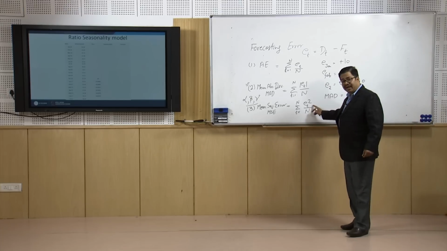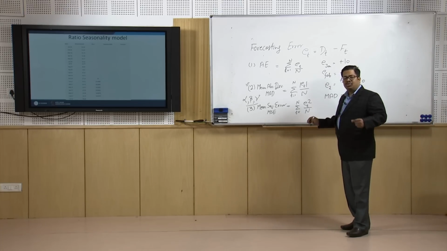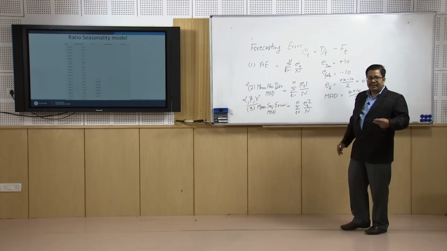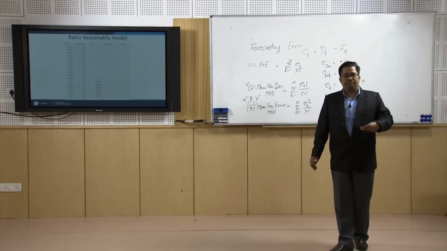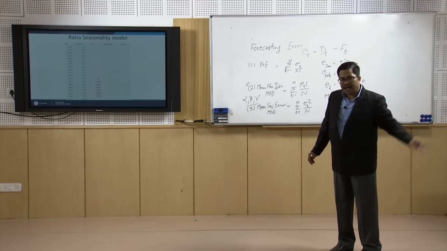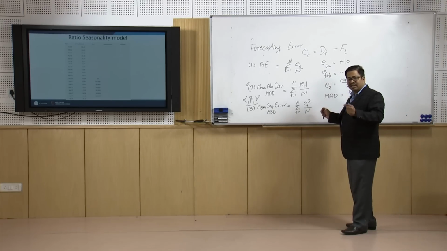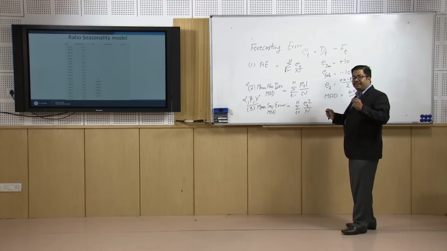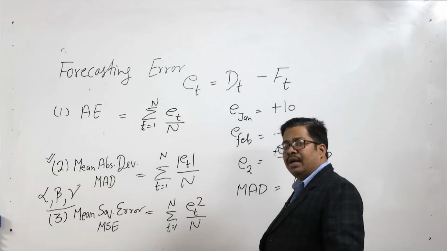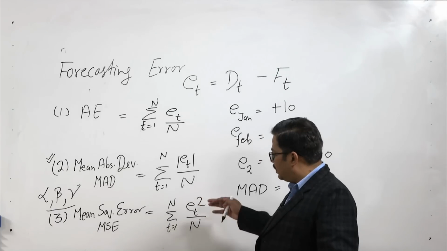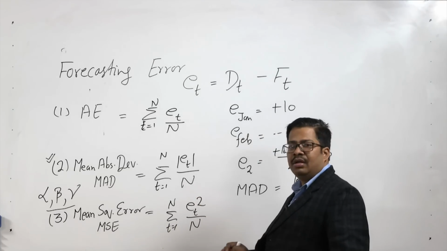Because of this square factor, the purpose of MSE is to penalize the very high forecasting errors. So, because of the square effect, if there is a higher forecasting error, by square of that term it becomes even higher and it immediately comes to know that there is a particular case of data where the forecasting error is very high. So, this gives you additional information other than MAD, but it is not very popular in use, but can be used in combination with MAD.